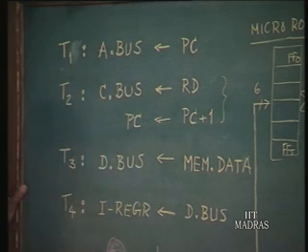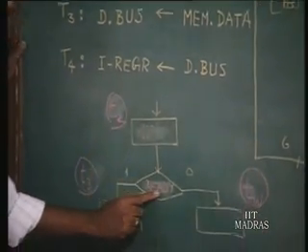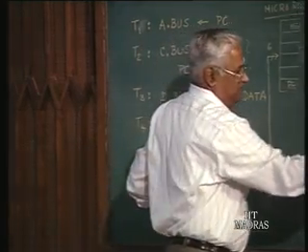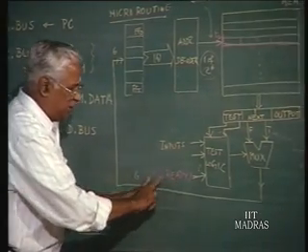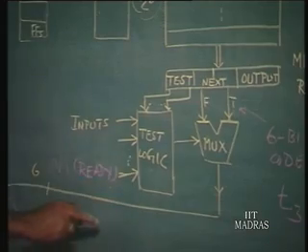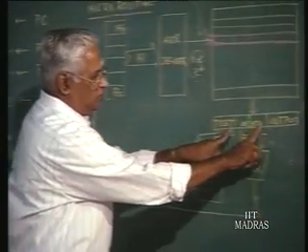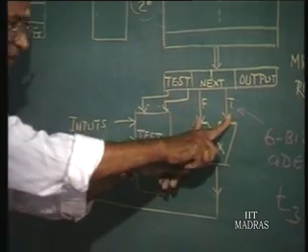That's what it is. So these outputs are generated in T2, and it says in state T2 check for the ready input. This information will be available here. Depending on the ready input being 0 or 1, the codes of the two next states, the true next state and the false next state, will be available here.